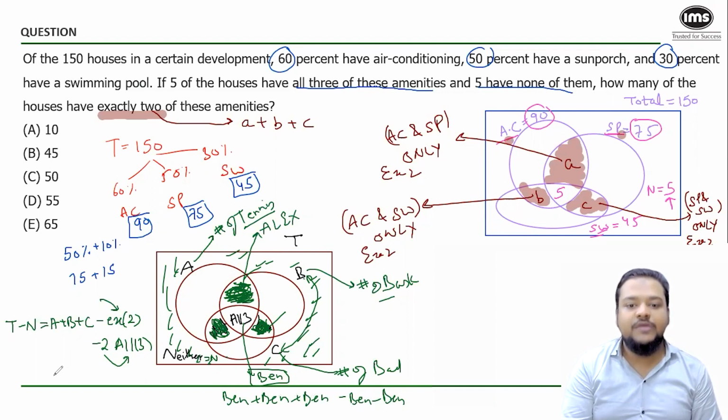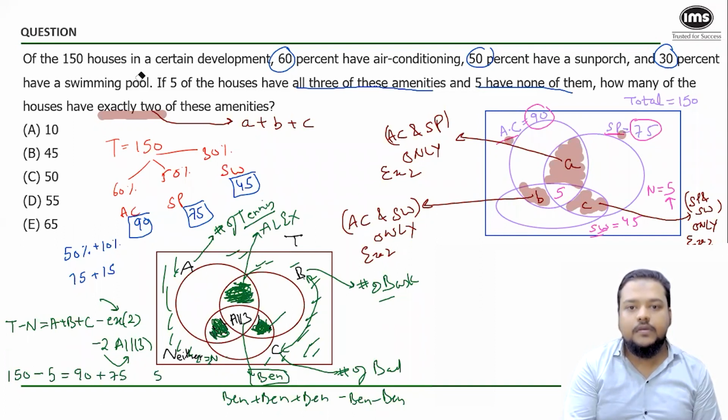Now let's wrap up the question. As per this question, let me put the values here. Total is nothing but 150 and neither is nothing but 5. A is nothing but 90, B is nothing but 75 and C is nothing but 45.